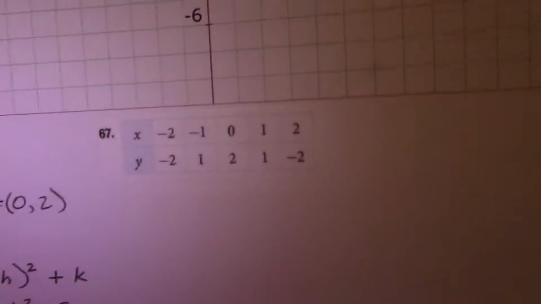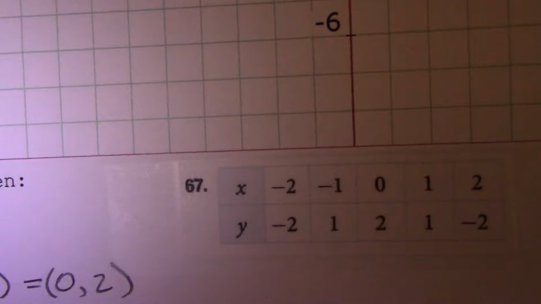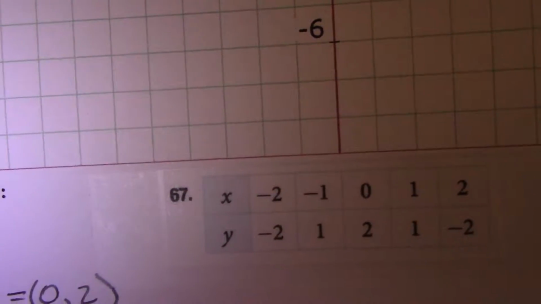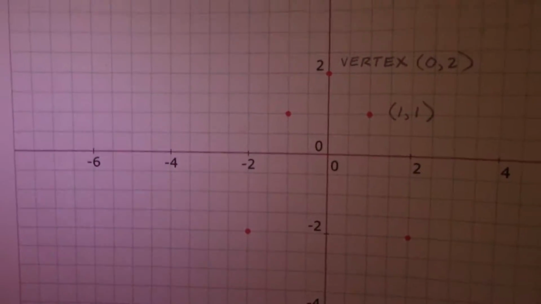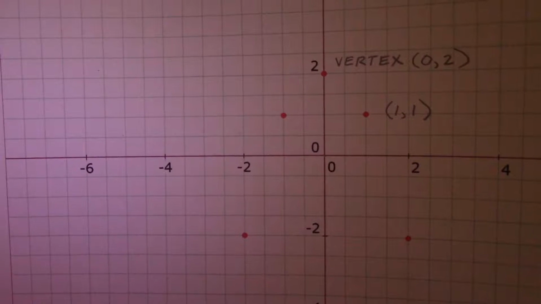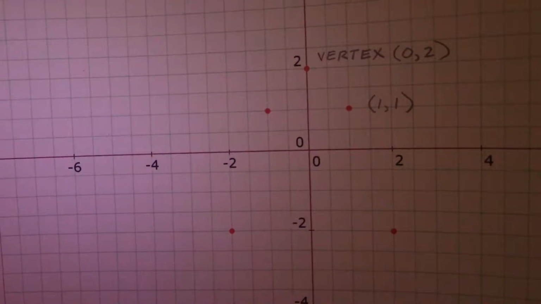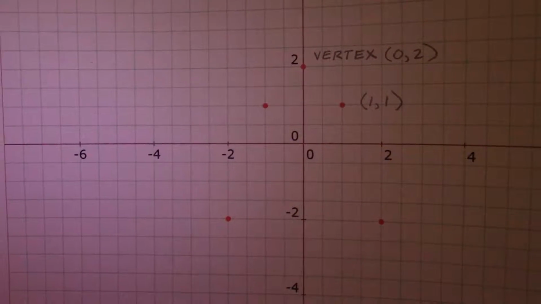Number 67. So we have our table there, and you can plot those points, and here's what I came up with. So it's easy to see, it's a graph opening downward, and there's your vertex, and I picked the point 1, 1.